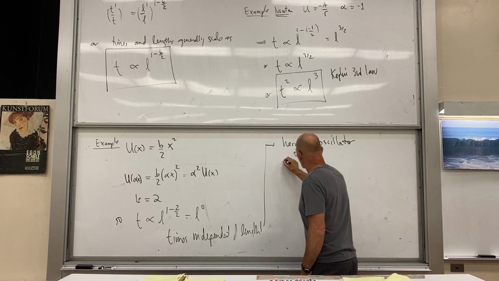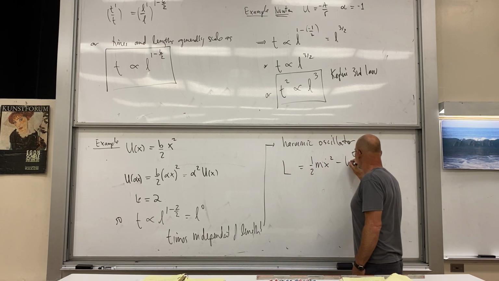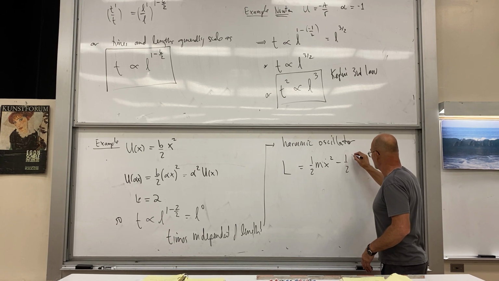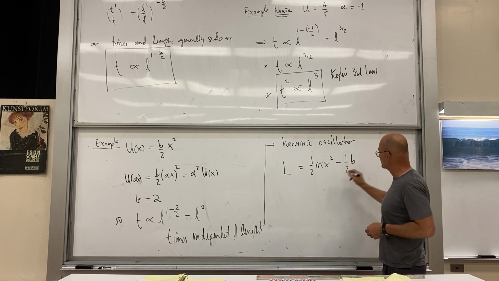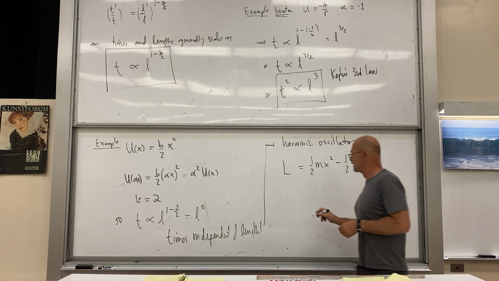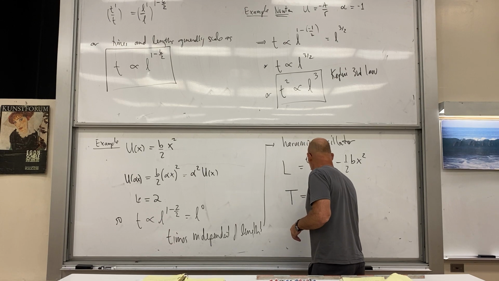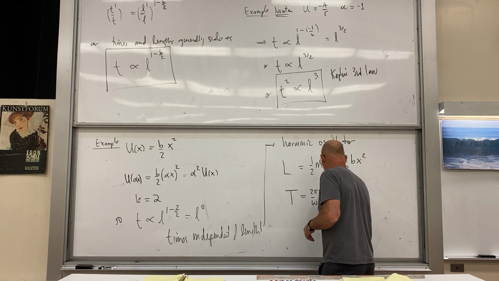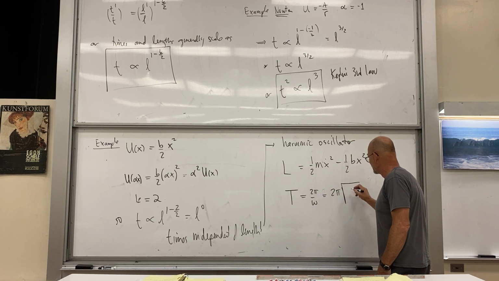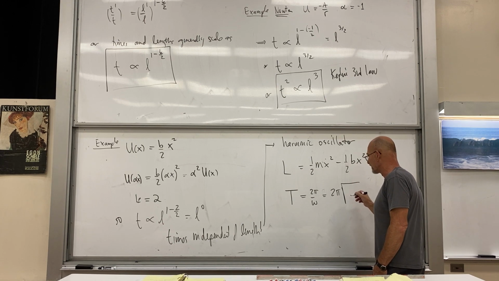And we can even write harmonic oscillator, L is a half m x dot squared minus U of x, minus 1/2 B instead of K in this particular case, and T is equal to 2 pi over omega equals 2 pi root m over k, right?